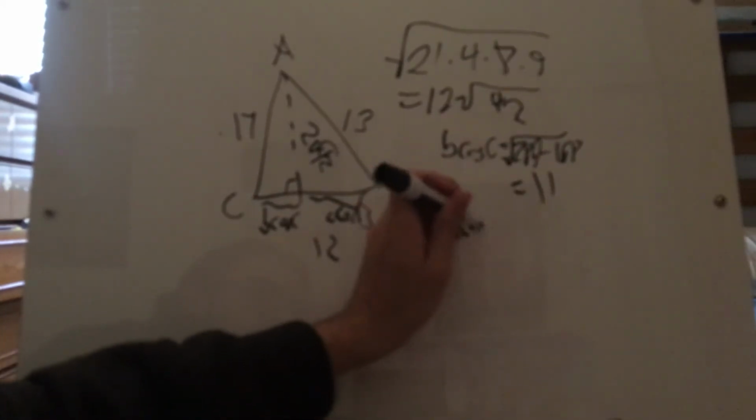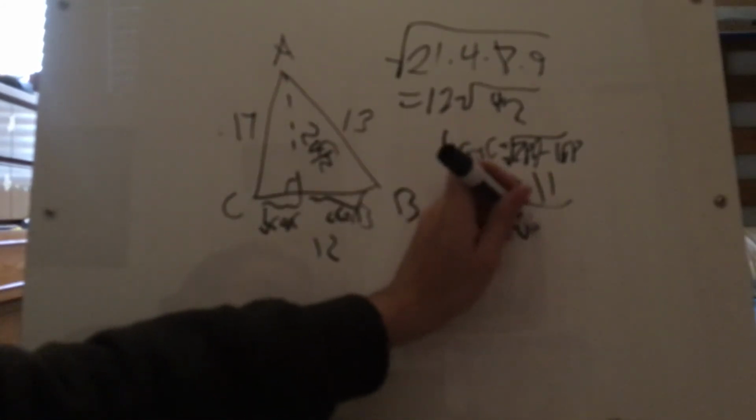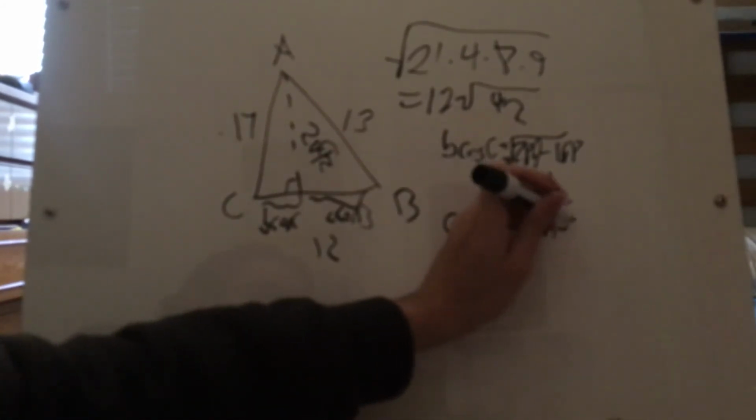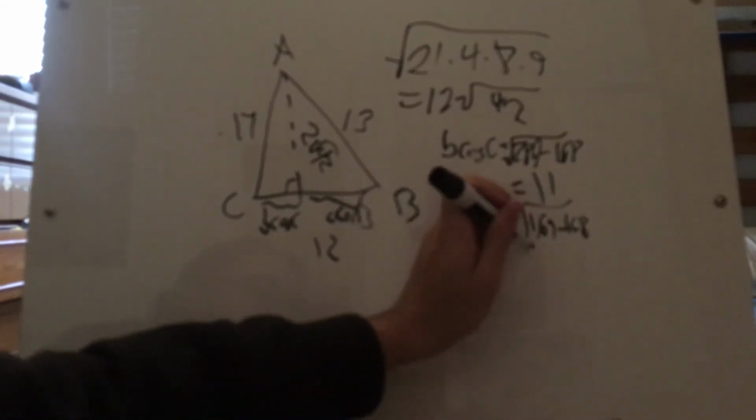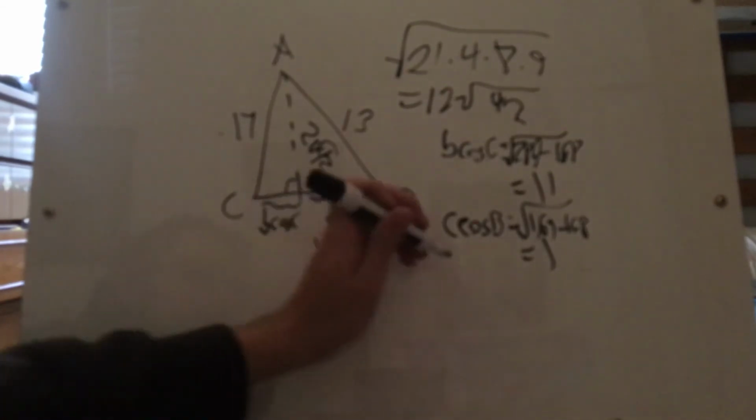And c cos B is going to be 13 squared is 169. Once again, minus 168. This is going to be square root of 1, which is 1. So, b cos C minus c cos B is 11 minus 1 is 10. And that is also the correct answer, which means we are done.